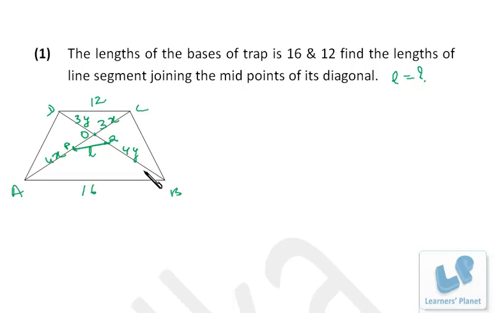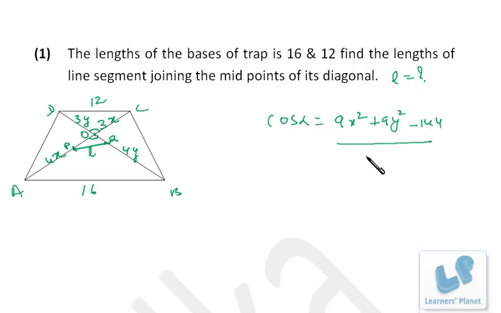Now here I'll be using the cosine formula. Why? Because this angle will be equal to this angle, isn't it? So whatever this angle is, maybe it is alpha. So cos alpha will be what? I'll be using the cosine formula: this square plus this square minus this square. See, the cosine formula: cos alpha is equal to this square, that's 9x square, plus this square, that's 9y square, minus this, that's 144 square, right?